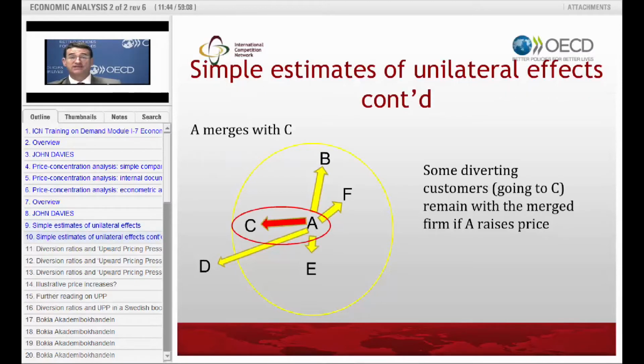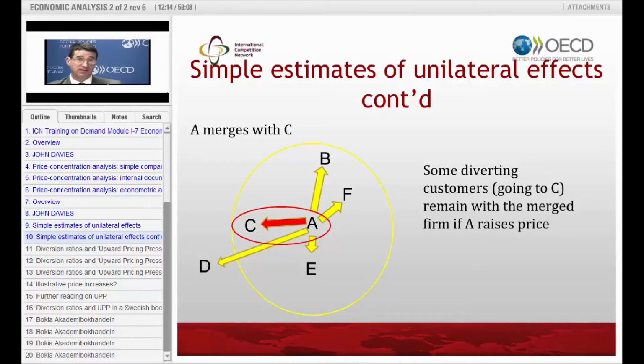But if two of these firms merge, then the critical loss analysis changes. Suppose that A buys C. Then post-merger, if A raises its price, the owner will still keep some of those customers who would depart as a result of the higher price within the new merged firm, those customers who would have gone to C. So the actual loss of profits will be rather less than it would have been pre-merger as a result of raising price.